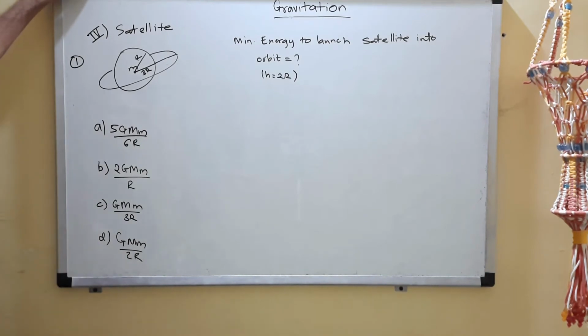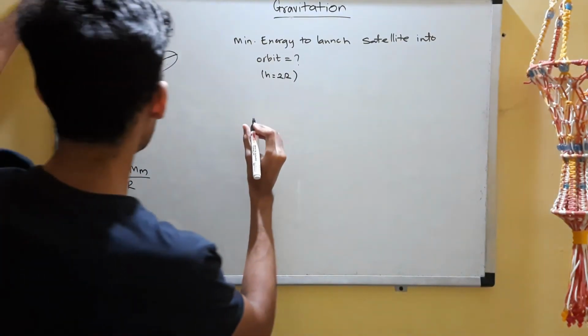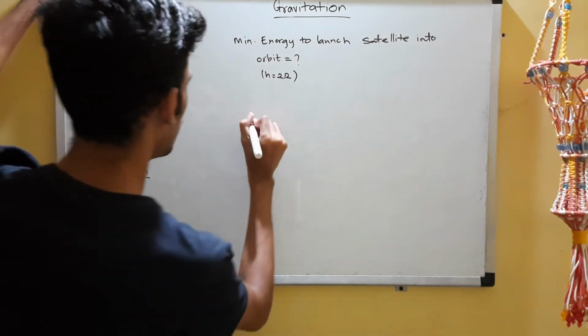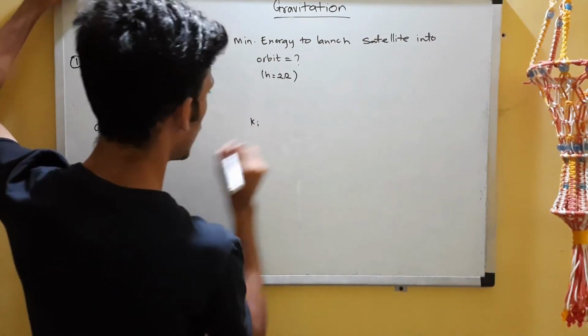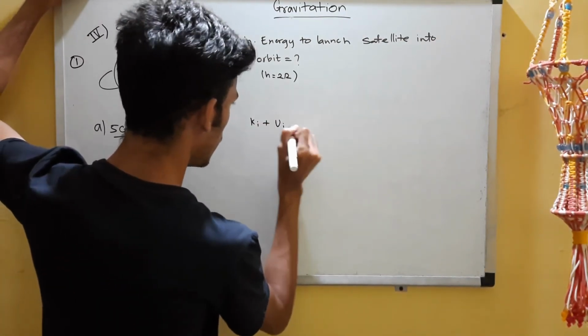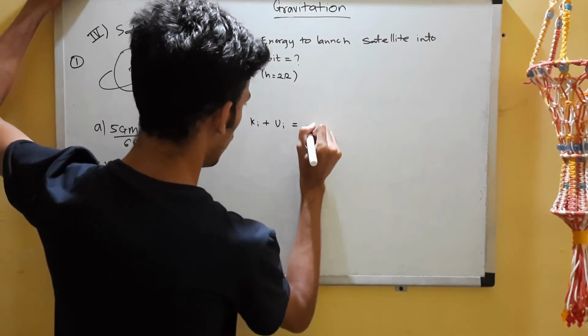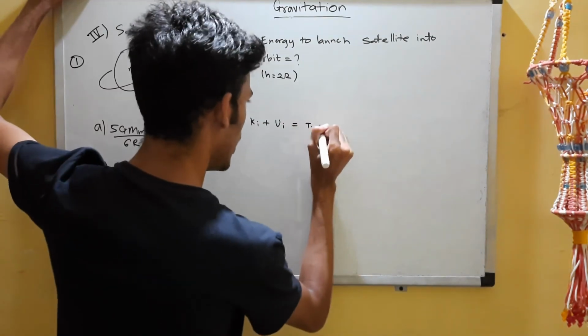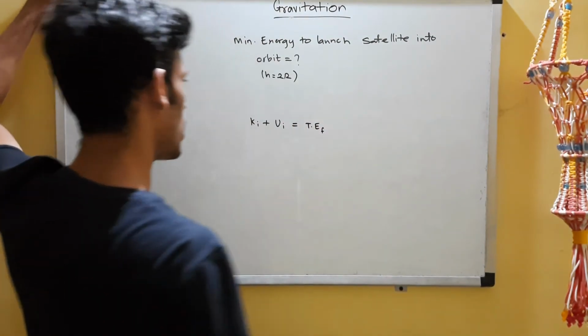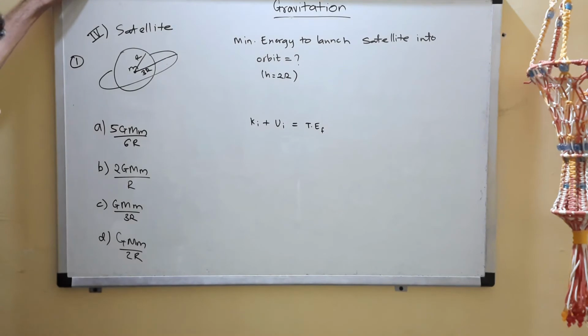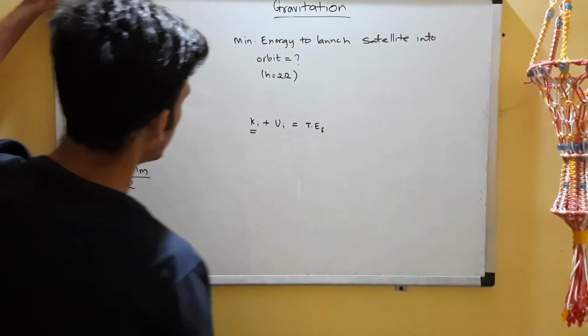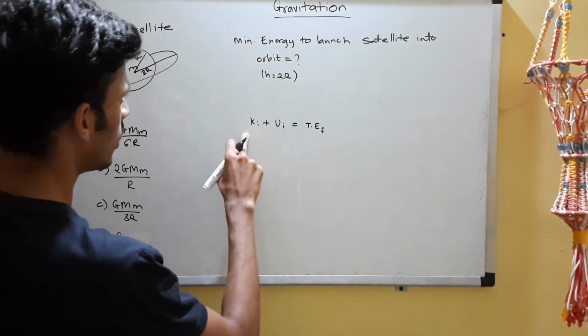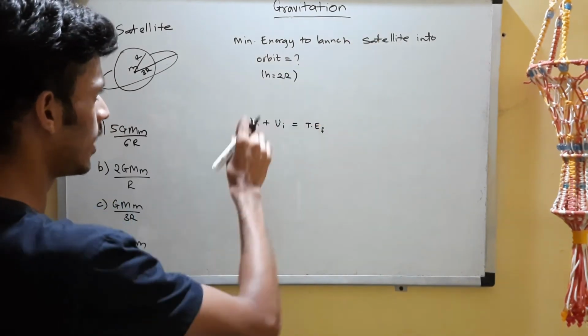Now we have to find minimum energy. So first of all, the thing that I'm thinking about is to conserve energy. Okay, so I'll use initial kinetic energy plus initial potential energy equals final kinetic energy plus final potential energy, or I can directly write it as final total energy. Now we are supposed to find this, the minimum kinetic energy, more specifically, to launch this satellite into the orbit.